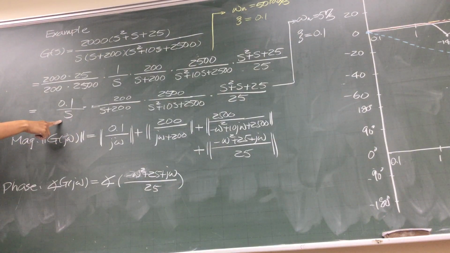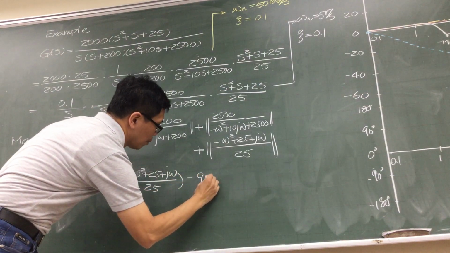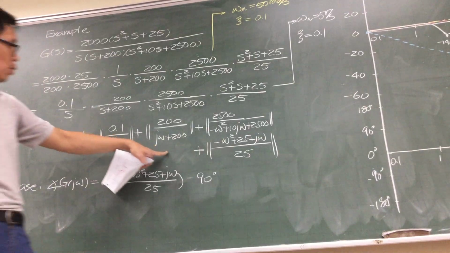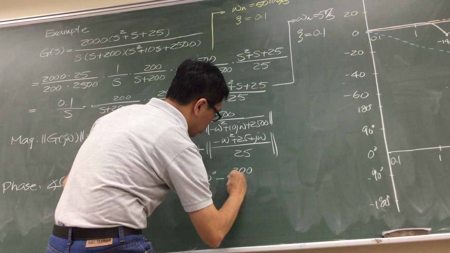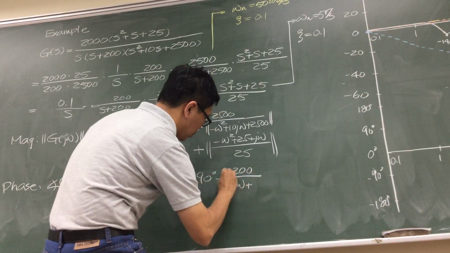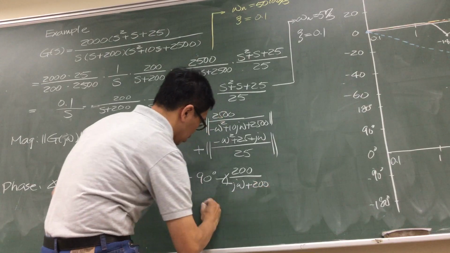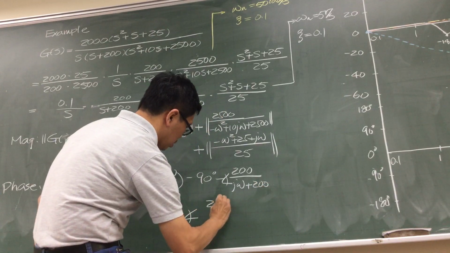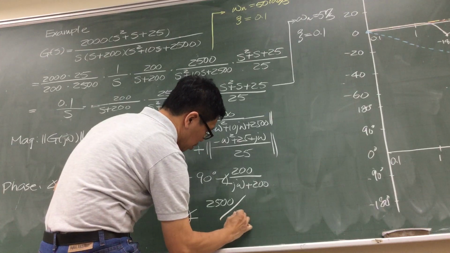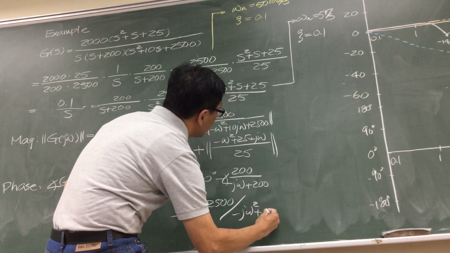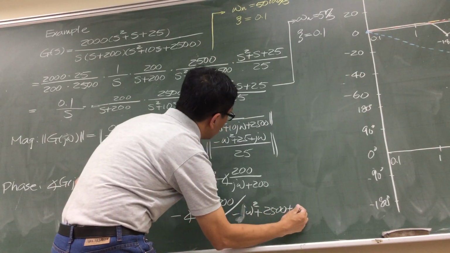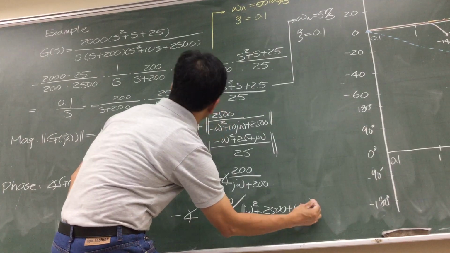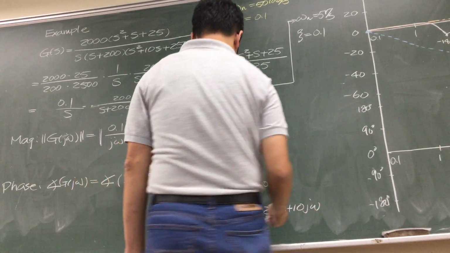What is the angle of this one? Negative 90. Right, very good. So this is minus 90. And this one we don't know, so it's going to be negative the angle of 200 over j omega plus 200.